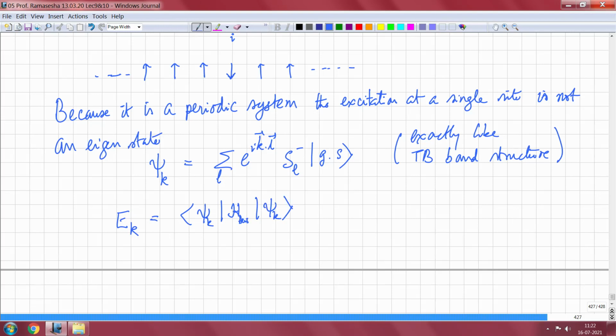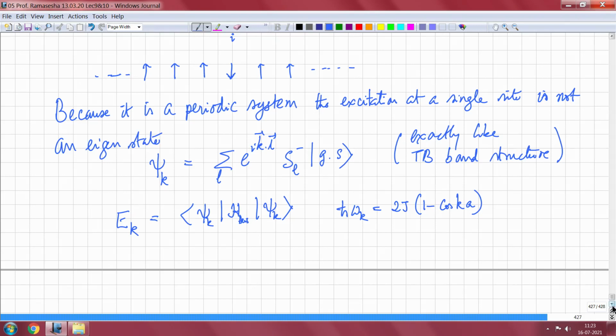I can do this calculation, and the energy that I will get is very simply h cross omega k is equal to 2J times 1 minus cos k. So this is the dispersion. This is almost like the dispersion that you would see in other kinds of cases, like the energy bands or the exciton waves and so forth.